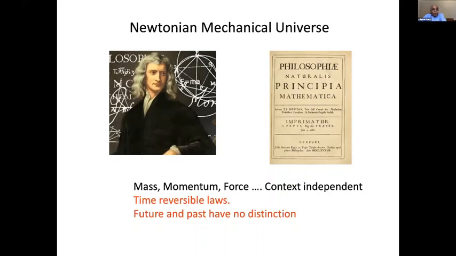You take a movie of a physical process described by mechanics and run it backwards in time. The reverse process does not violate any fundamental laws of physics. It's very complicated. People say it's unlikely and so on and so forth, but there is no distinction between past and future, going in one direction or the other.